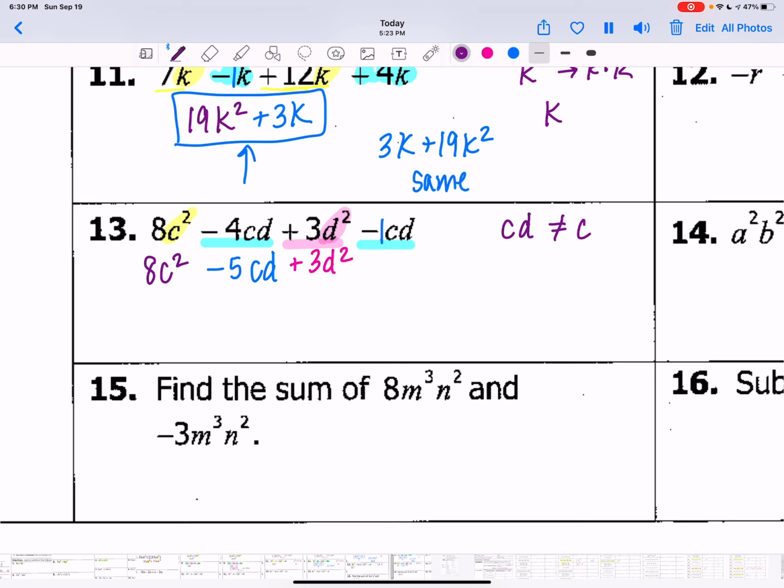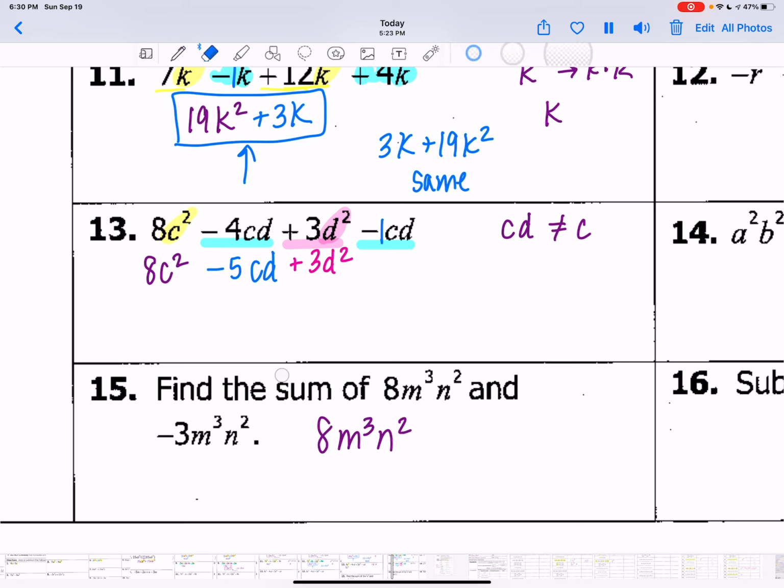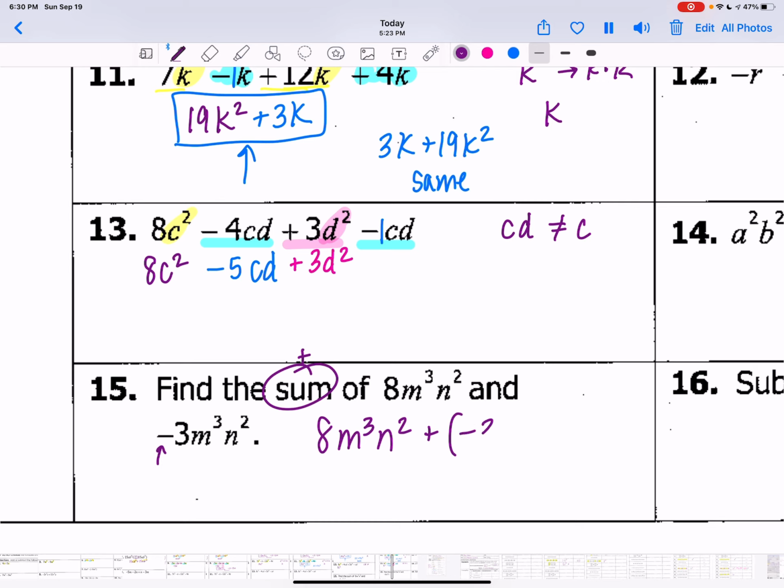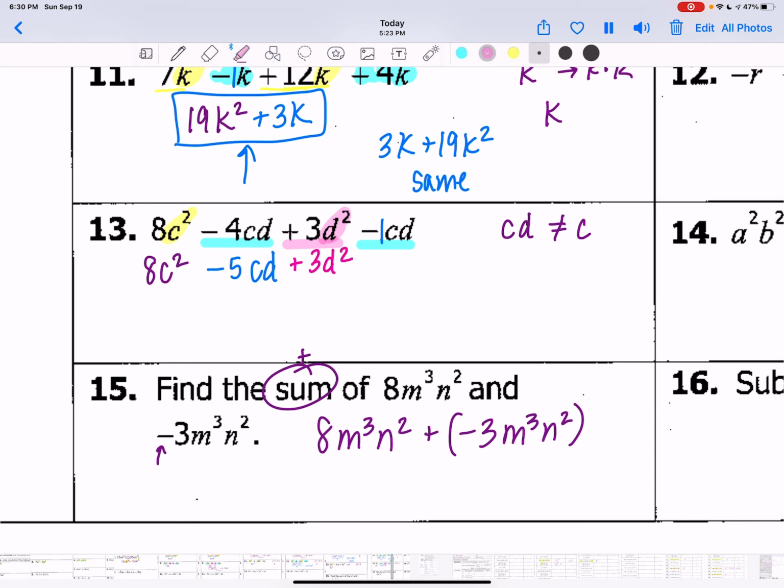All right, so let's go ahead and let's look at this next one. Find the sum of 8m to the third n squared. And remember, sum means that you are adding. And you're going to add a negative 3m cubed n squared. And you can put in the parentheses first, but just know that when you simplify them, you're really doing 8m to the third n squared minus 3m to the third n squared.